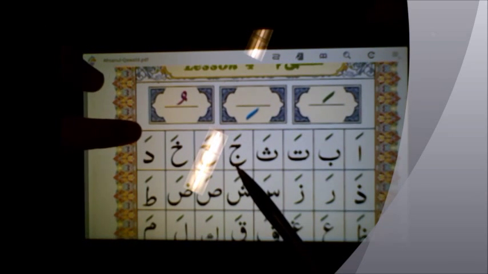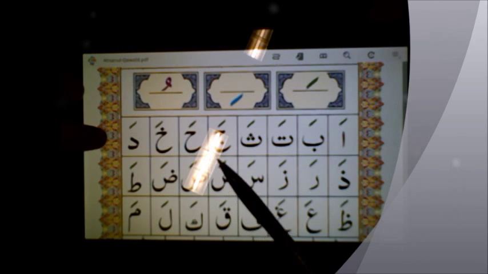So we're going to go through the alphabet using, first of all, A, Fatha. So this is how you would pronounce the letters. A, B, D, Th, J, H, Kh. So basically the beginning sound of each letter, you would take it and then you would just put a Fatha next to it. For example, you would say, this is a Jim, so you would say Ja. This is a Ha, so you would say Ha.